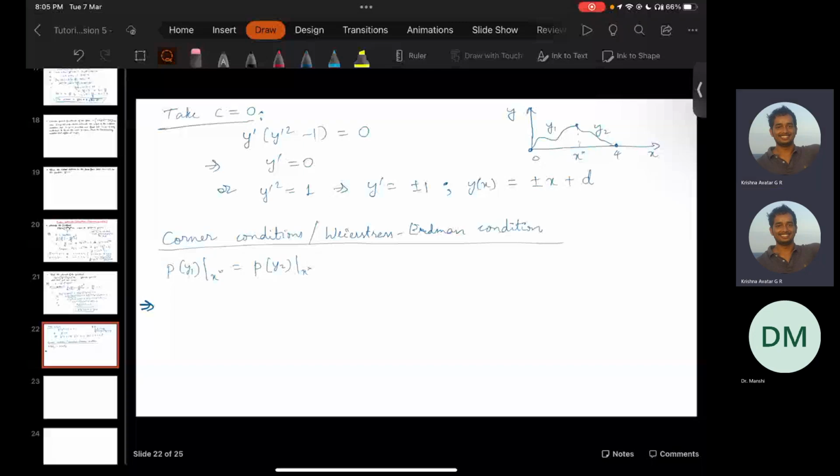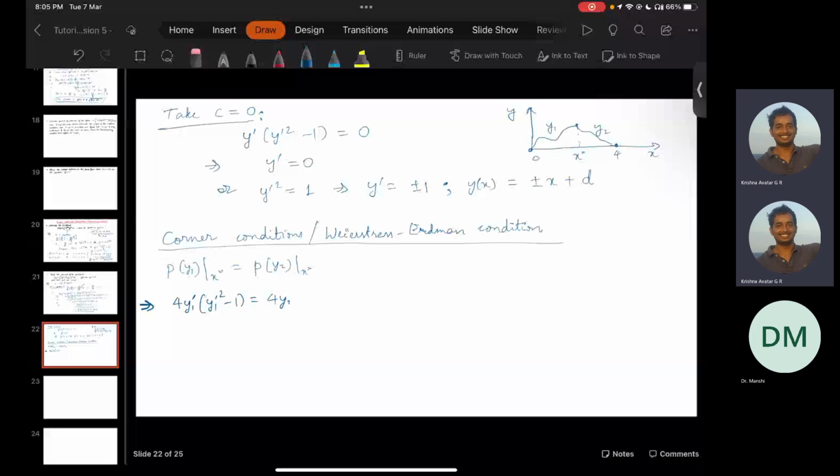This is at X star, and likewise for Y2 prime, Y2 prime squared minus 1. Let's cancel out 4 from both the ends.